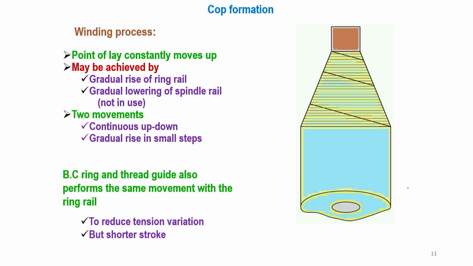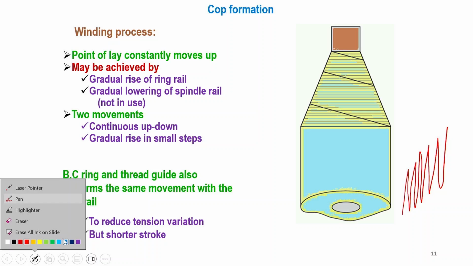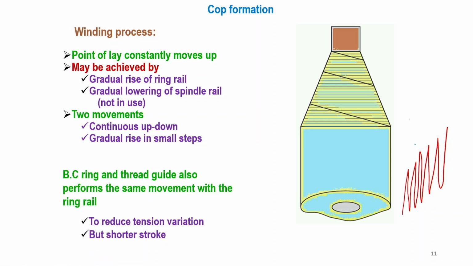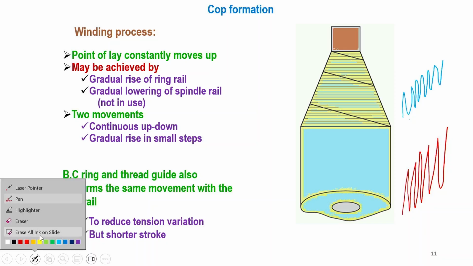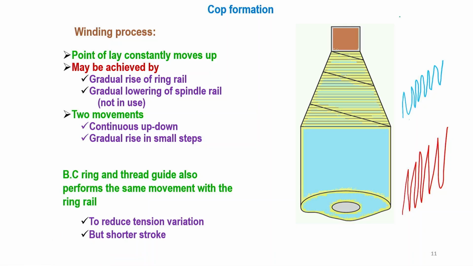If I draw the movement of the ring rail in this fashion, the balloon control ring will move in the same fashion but with a lower extent because of the space constraint, and the thread guide will move to a still lower extent.